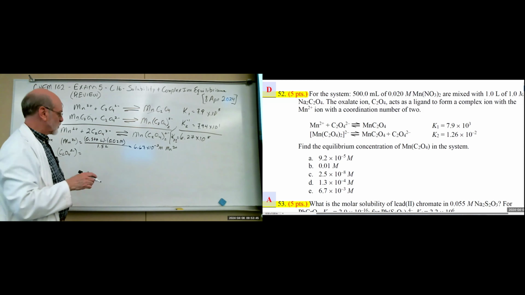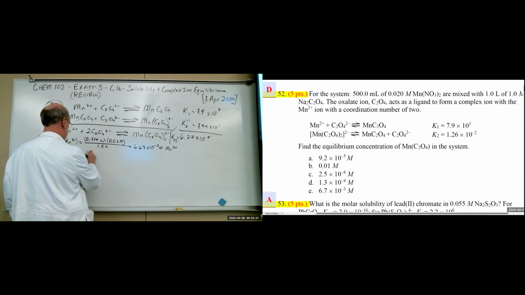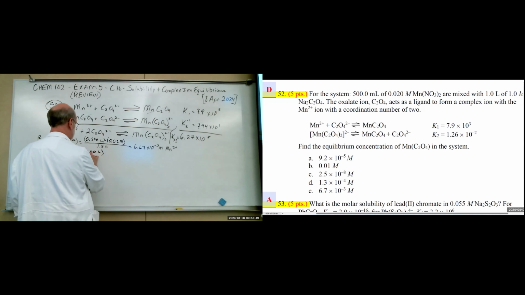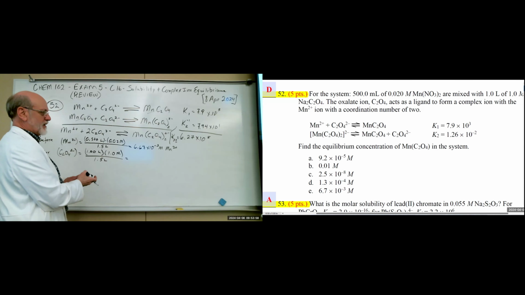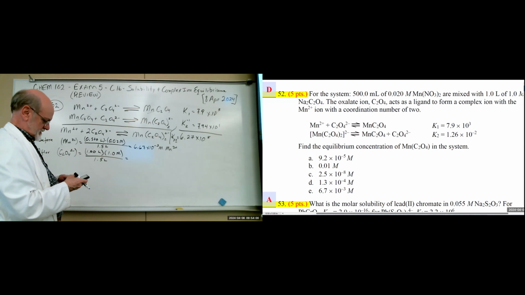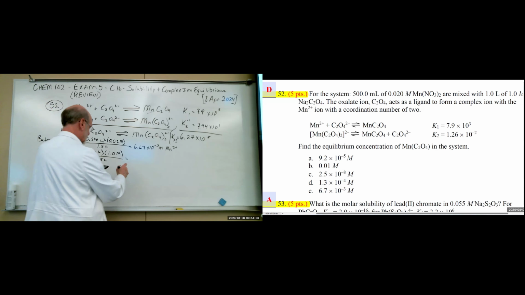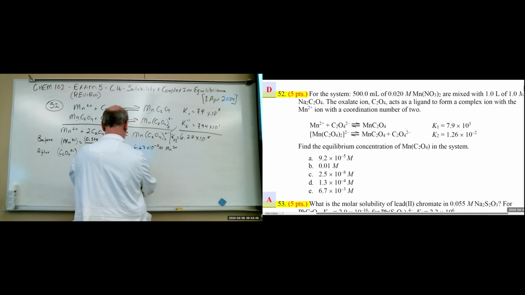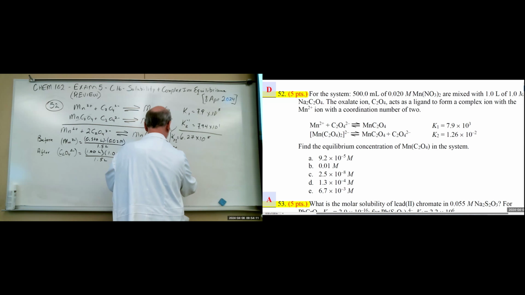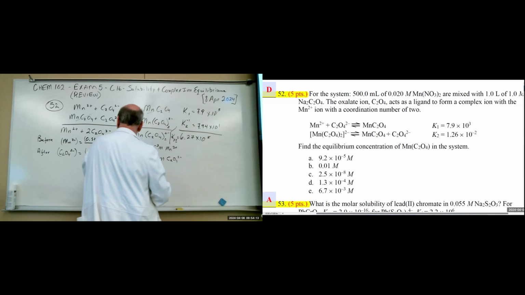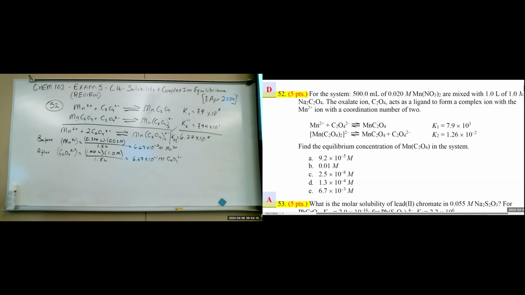So it's 1 liter times 1 molar divided by the same volume. So it's just 1 divided by 1.5. So this one is 6.67 times 10 to the minus 1 molar oxalate. All right, those are our beginning conditions.